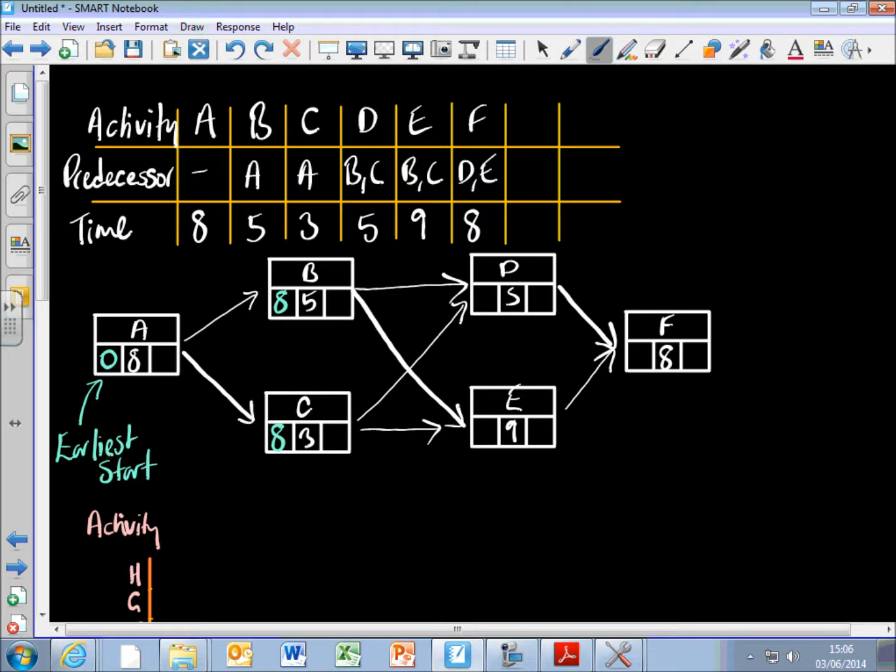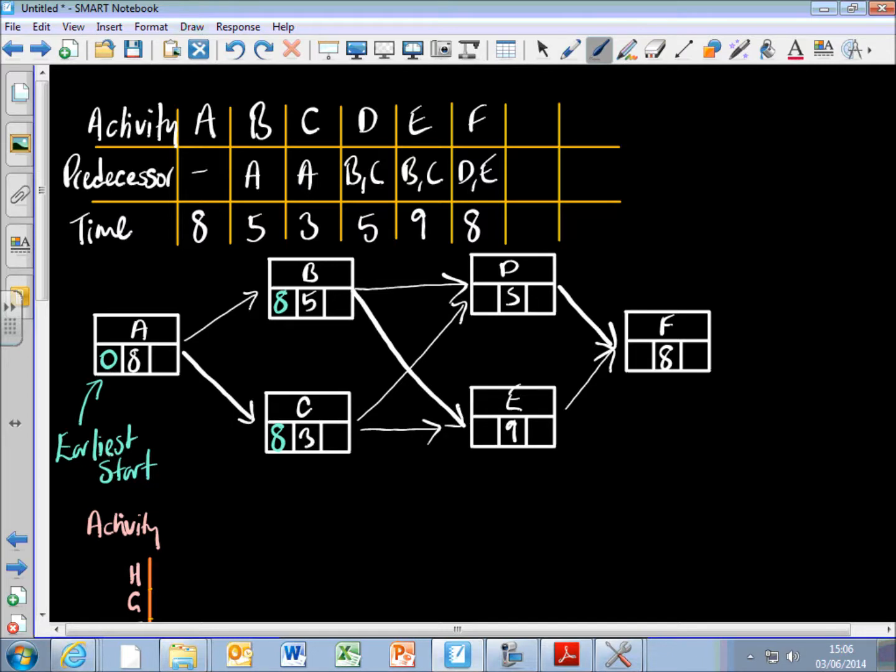Okay, so now let's have a look at when we can start job D. What's the earliest start date for job D? Well, B starts on day 8 and takes 5 days, so it could be finished by day 13. But C starts on day 8 and only takes 3 days, so it could be finished on day 11.